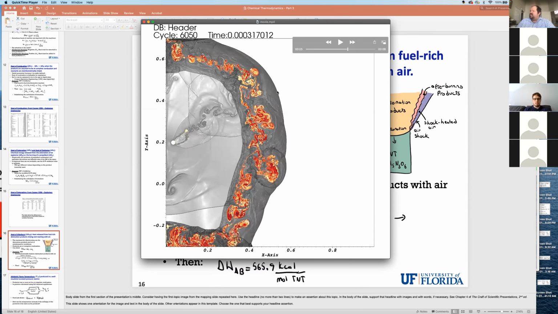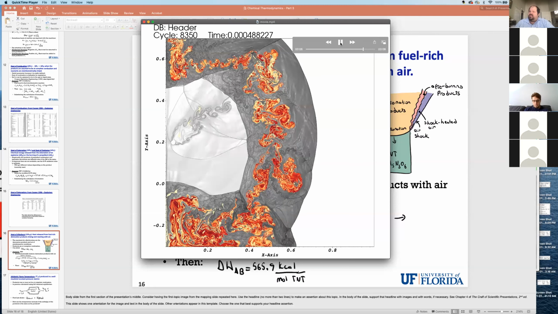This here is the blast that is produced, and this region here is just the shock heated air. This region here are the very fuel rich TNT products. And this orange line here is basically the edge of the fireball. This here are the products of where the air and the TNT products have burned, and that is the fireball.